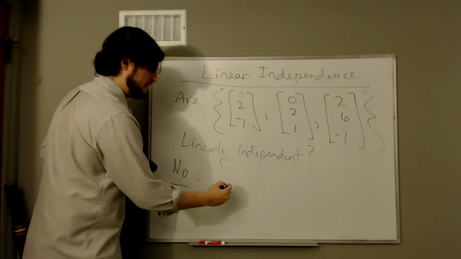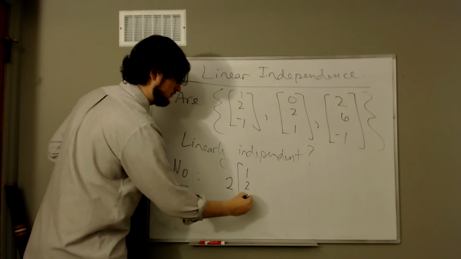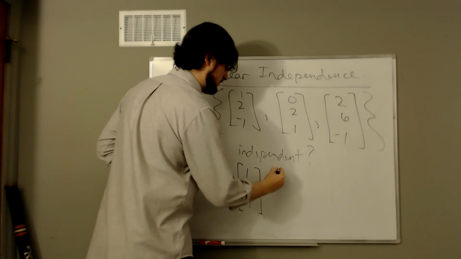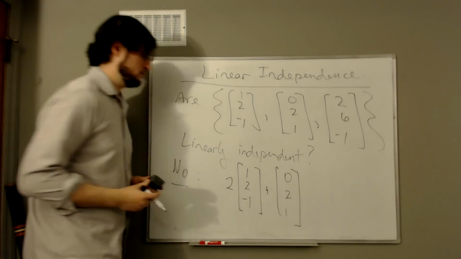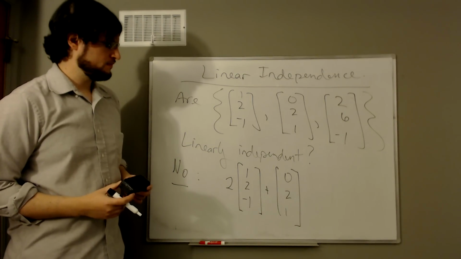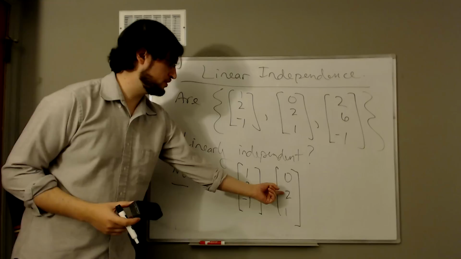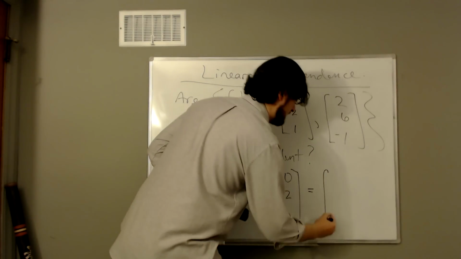Because notice that if I take 2 times the first vector, and then I add it to the second vector, that's 2 plus 0, which is 2. 4 plus 2 is 6. Minus 2 plus 1 is negative 1. I end up getting that last vector back.